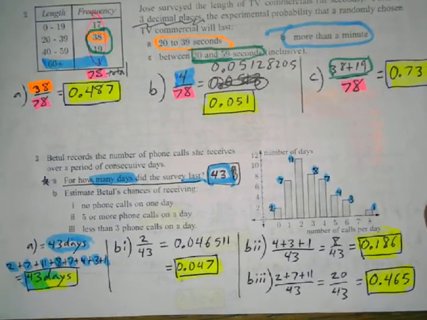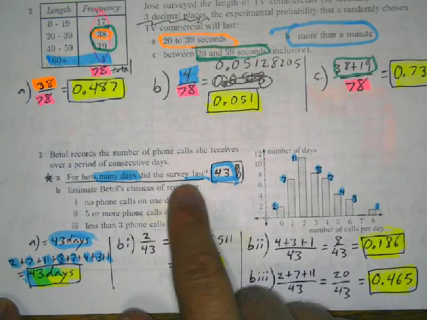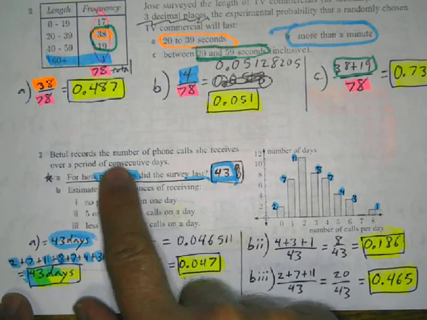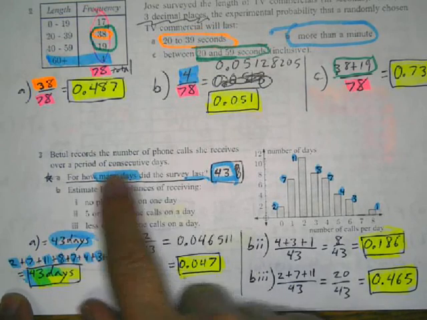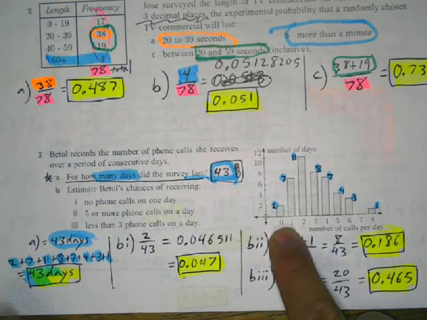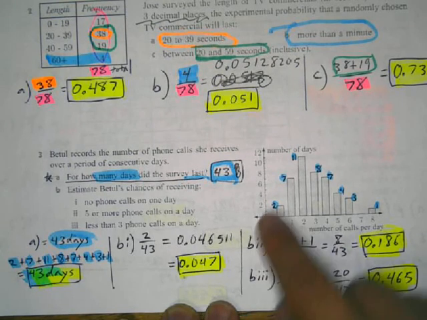Okay, question A says, how many days did the survey take? So from the records, the phone calls she received over a period of consecutive days. So from the table here, these are the number of phone calls per day, and these are the number of days.